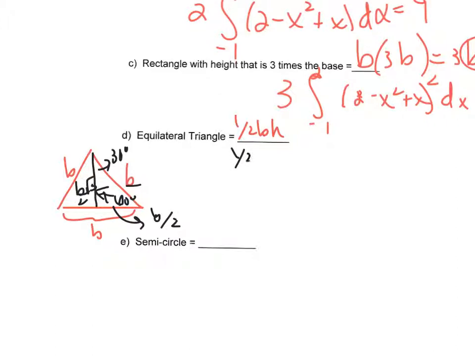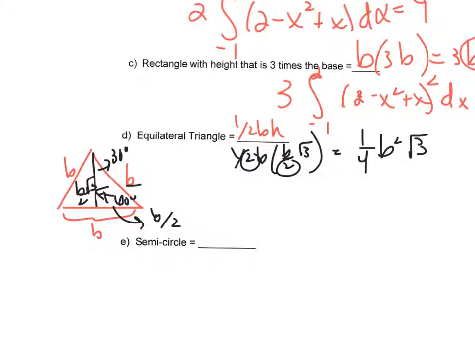So in this case, we have 1/2 b times b over 2 radical 3, and you can clean that up a little bit and make it 1/4 because of the 2's here, b squared radical 3, or you can do radical 3 over 4 b squared, either one.